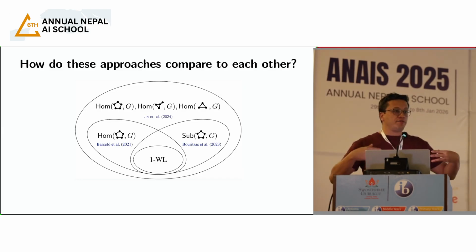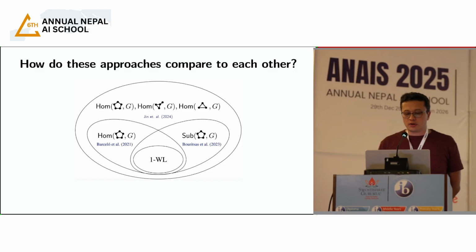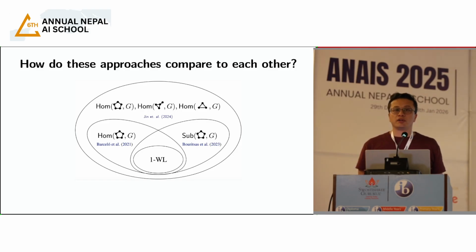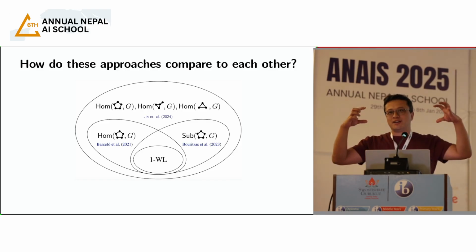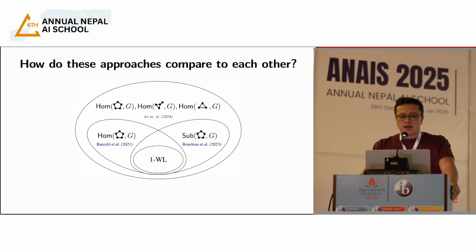So if we enrich standard message passing neural networks with these tricks, they both go beyond the expressive power of 1WL, but they are incomparable. There are certain things that one can do, but the other cannot, and vice versa. Whereas if we encode the motifs in the basis, then we get a superclass, right? So we become more expressive than both homomorphism counting and induced subgraph counting.